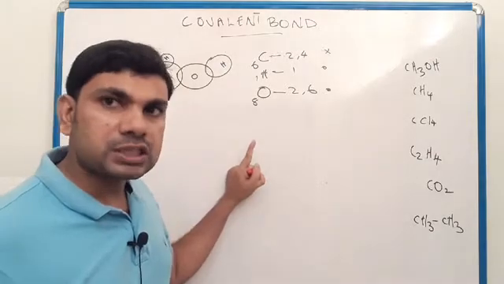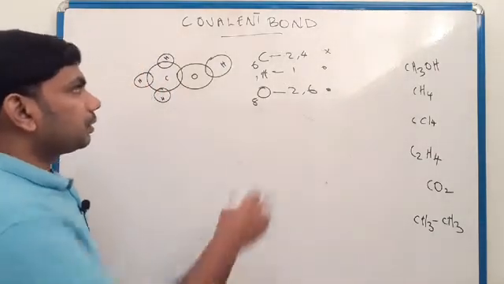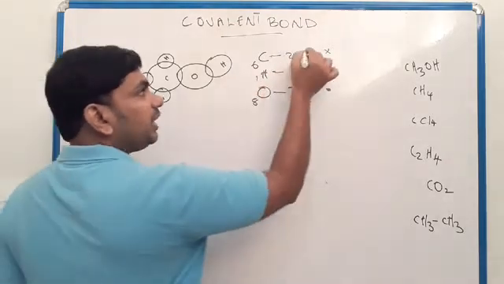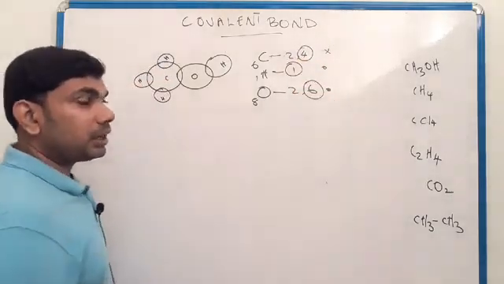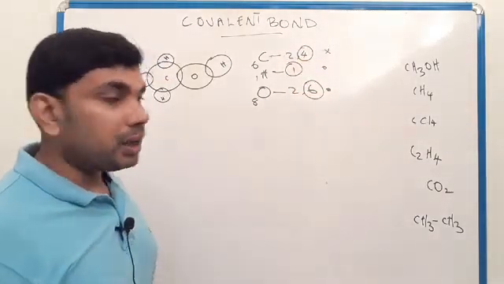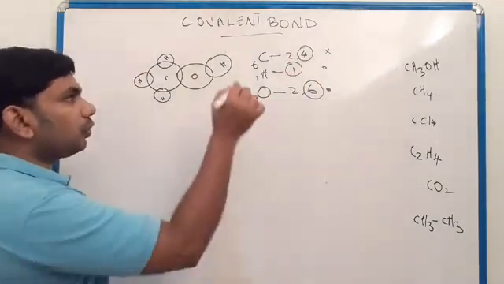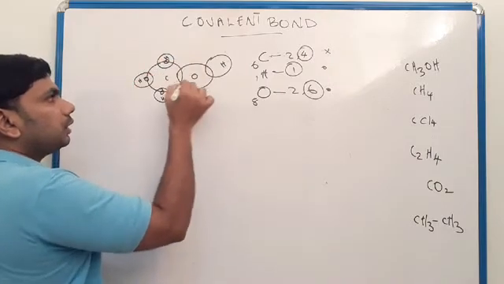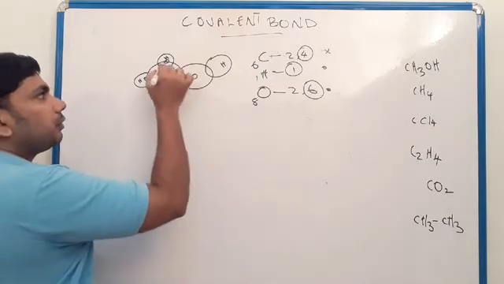Clear? Now see here, carbon has 4 electrons. We will use only valence electrons to represent covalent bonds, as we discussed already. So carbon 4 electrons, 1, 2, 3, 4, and hydrogen only 1.